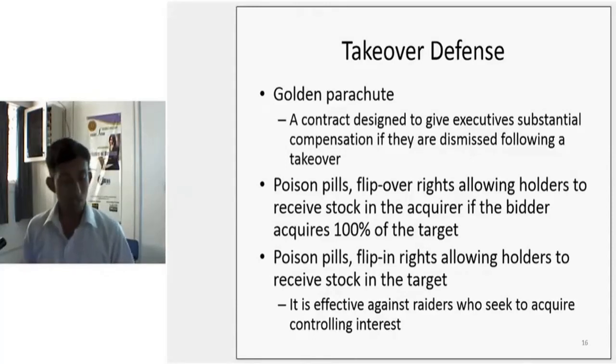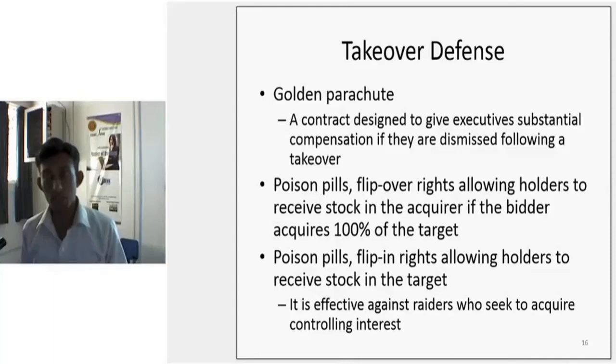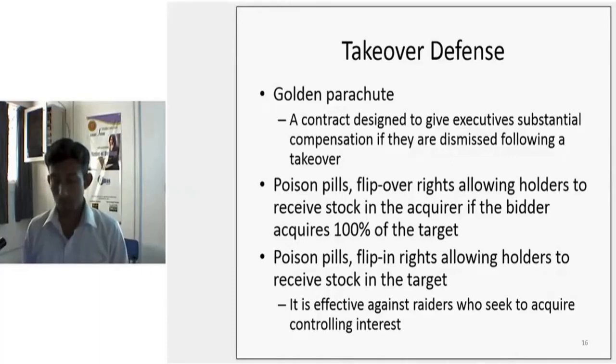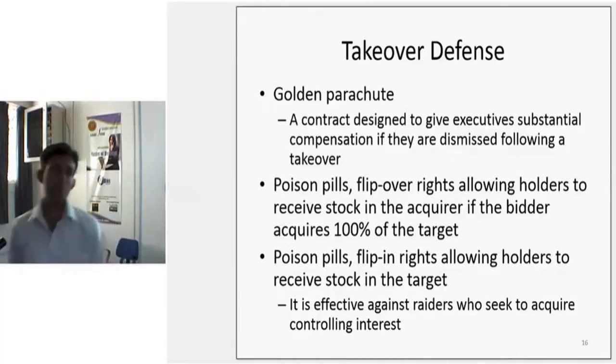Look here, if A takes over B, we have signed an agreement. We are giving our executives substantial compensation, probably huge voluntary redundancy packages if they are dismissed. So A knows before taking over B, look here, if you take over B, we have to pay a huge amount for the current employees, which is risky to take on. So this is another poison pill.